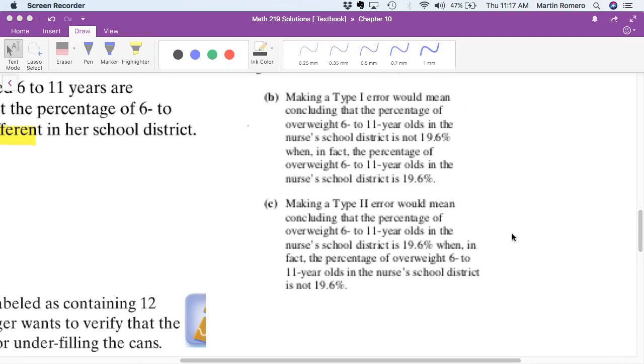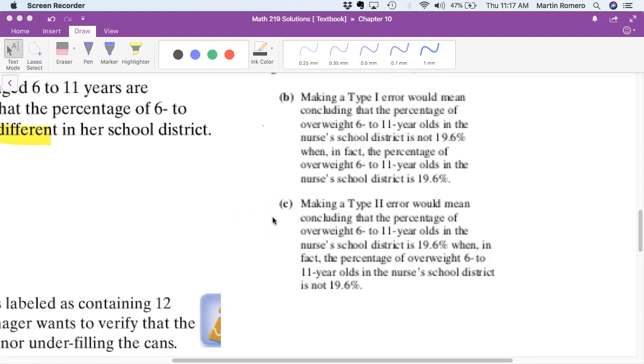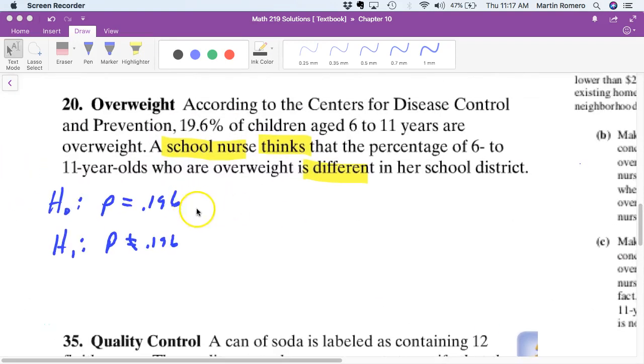And so again, we have these two distinct situations of type 1 and type 2 errors where we find evidence to support this and say it's not 19.6, but it actually is 19.6, or the vice versa. We find evidence not to support this when in fact it is not equal to 19.6.